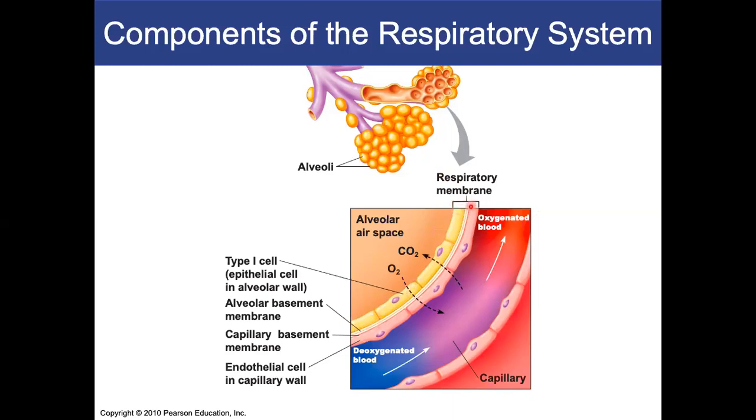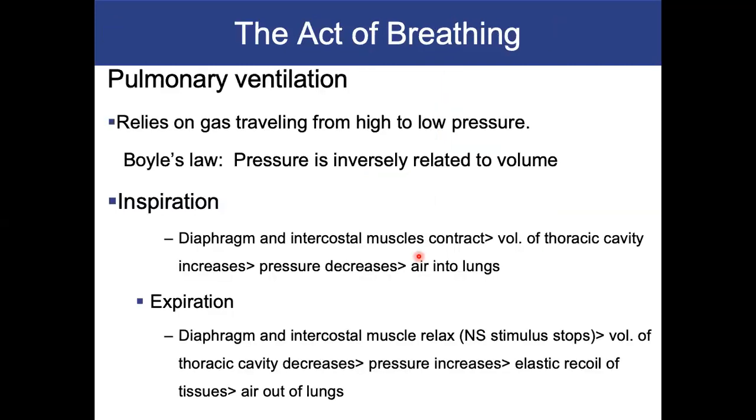This is simple squamous epithelium. And then the capillary is also simple squamous epithelium, or endothelium. So the oxygen only has to go through 2 layers of cells, and CO2 only has to go through 2 layers of cells.